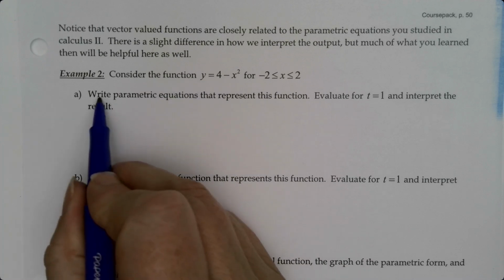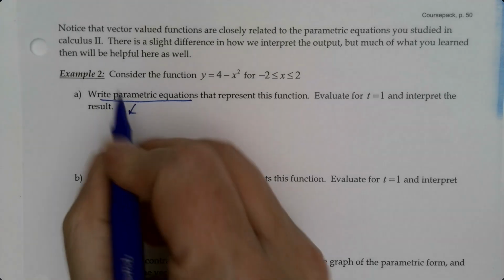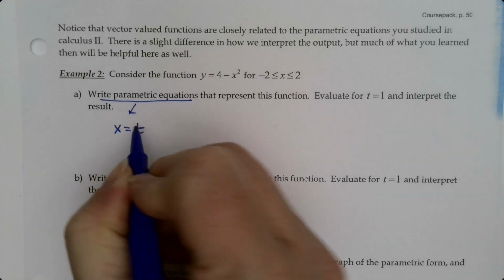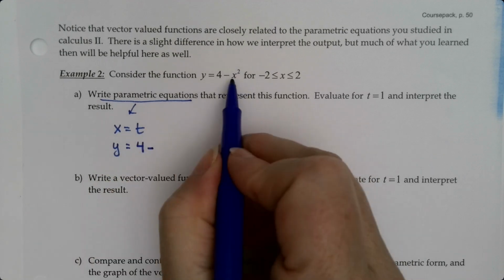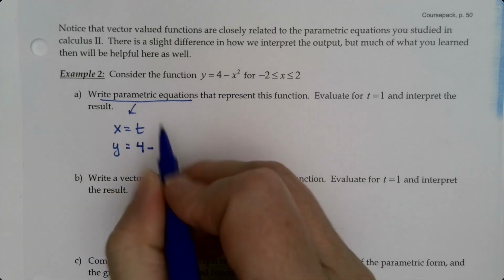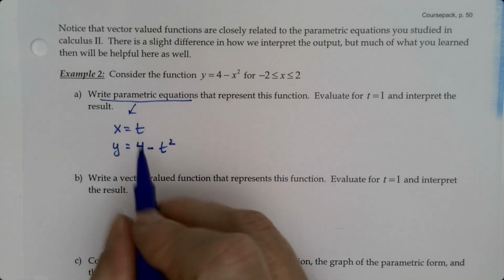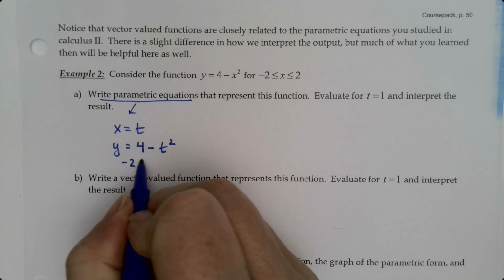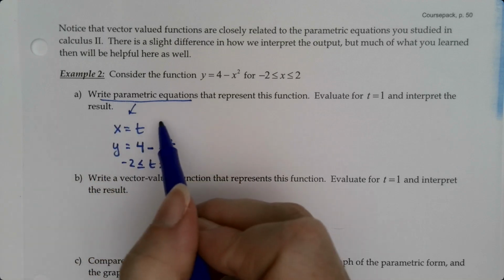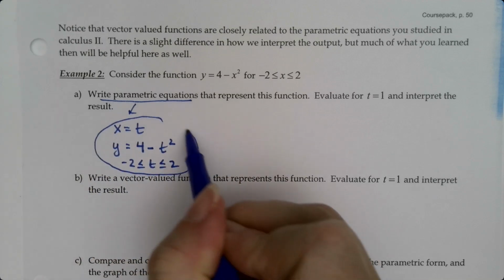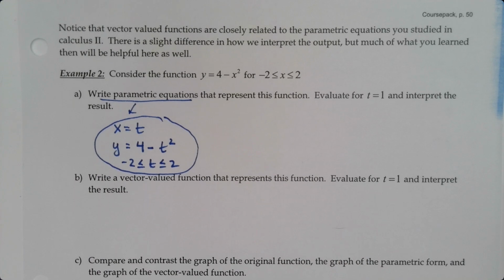The easiest way to write a parametric equation is to just let x be t, and then y will be 4 minus, instead of x, you'd write t squared. And that would be for negative 2 less than or equal to t, which is less than or equal to 2. So those three components are writing the parametric equation that represents the function.